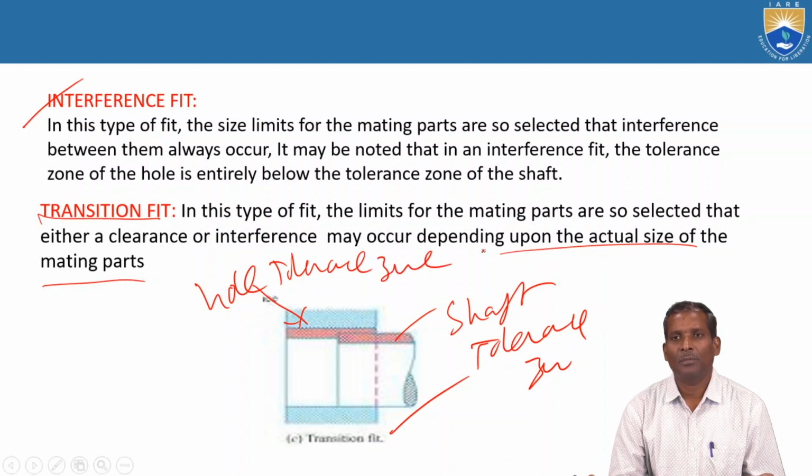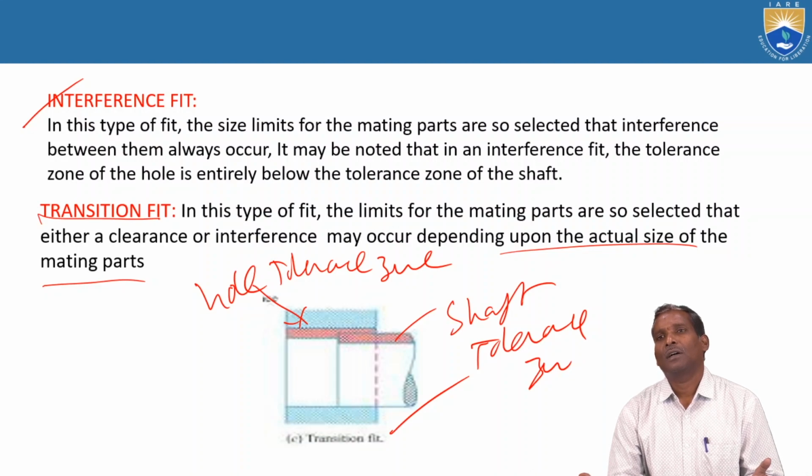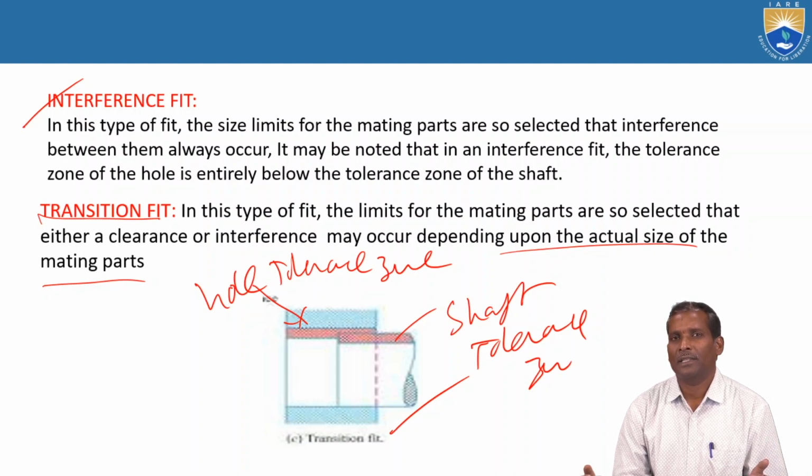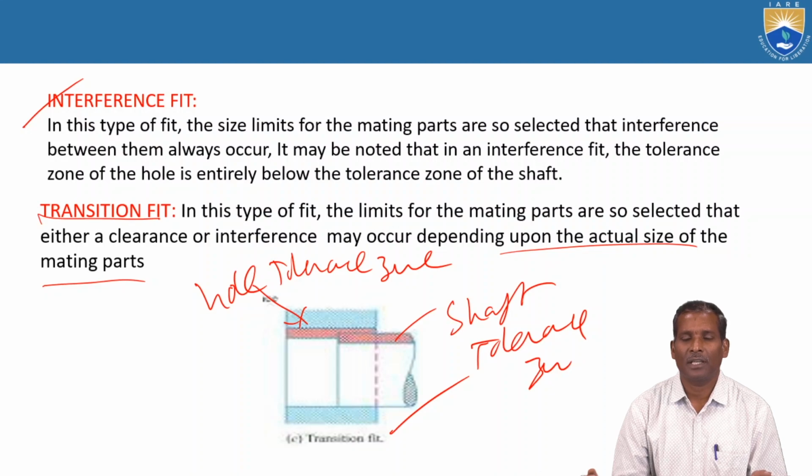Sometimes it may be clearance, sometimes interference. These types of fits are called transition fits, and it generally depends upon the actual sizes of the mating parts. What is the actual size of the shaft and the actual size of the hole?